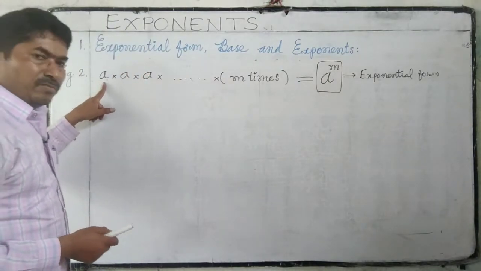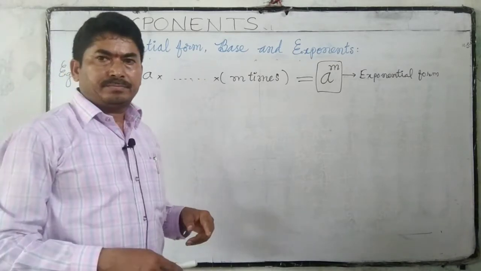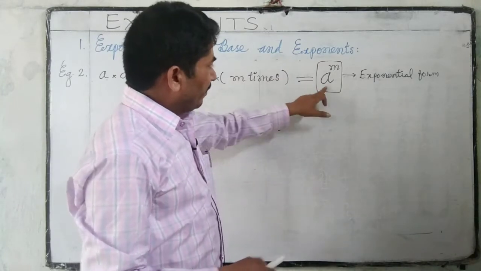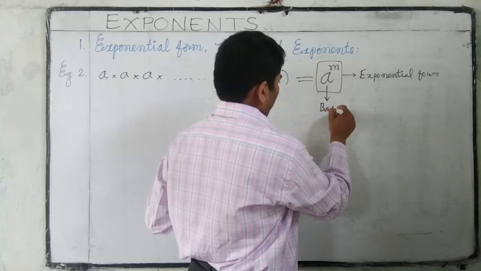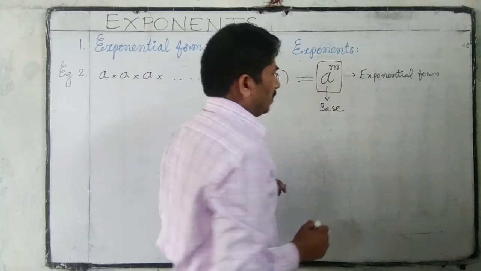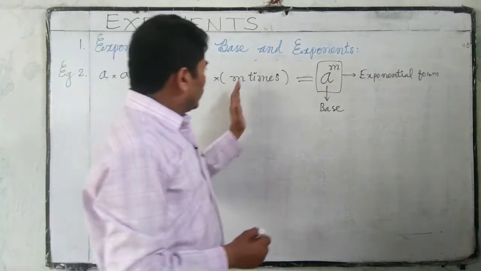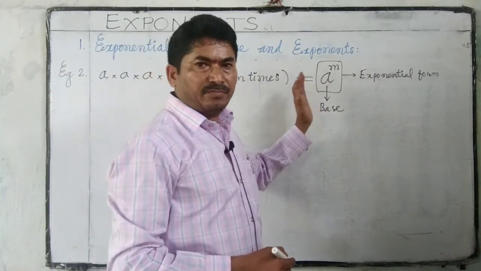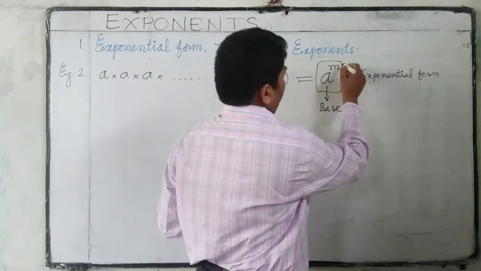The factor which multiplied itself again and again is called base. The number of times, here m times, the factor appears is called exponent.